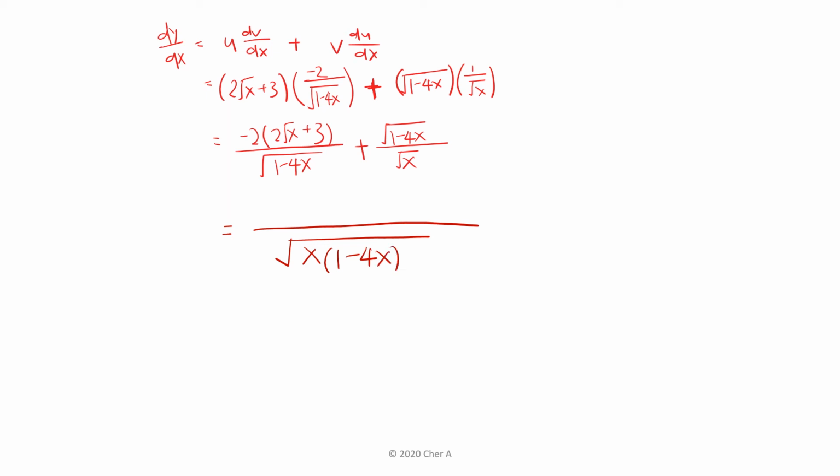So when I do this, my first numerator on top here will have to be multiplied by the denominator in the second fraction, and as for my second numerator, it has to be multiplied by the first denominator. So it will look like this.